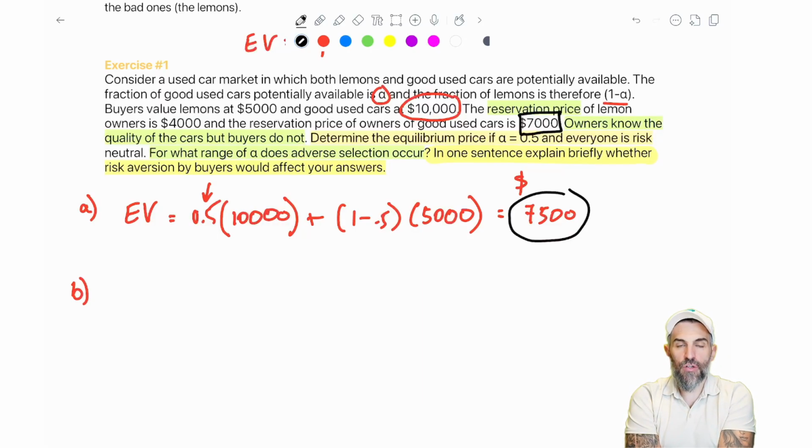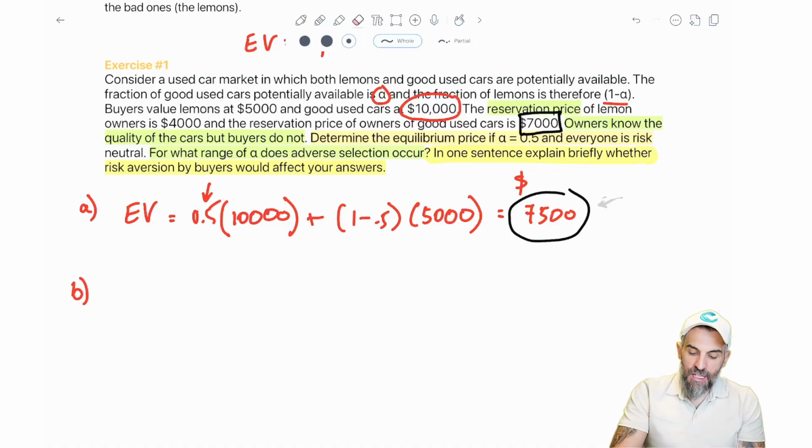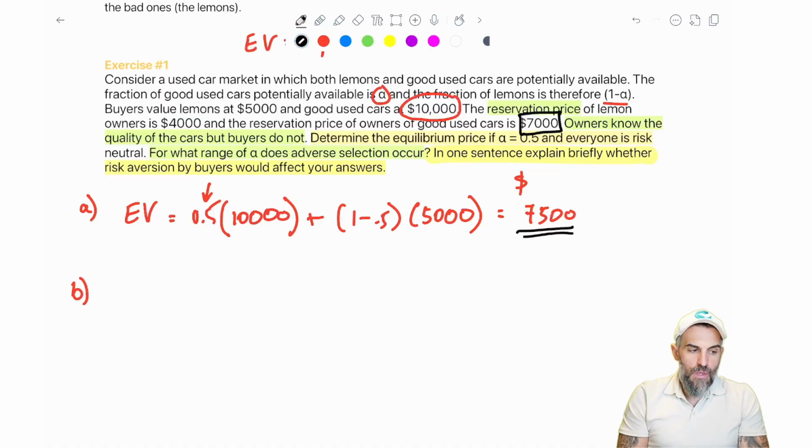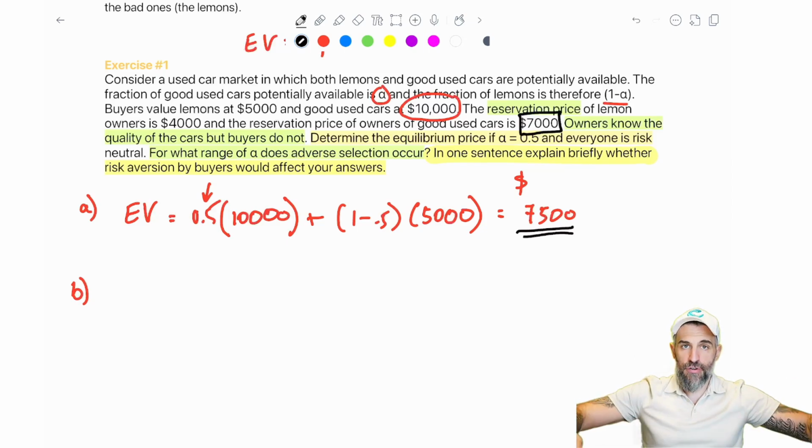So all the cars in the market are available. The lemons problem happens when the good cars leave the market. And the good cars will leave the market if the expected value is less than what sellers are willing to accept, right? Remember, this is kind of like the amount that the buyer is going to offer. So if the buyer offers 7,500, all the cars are available, right?